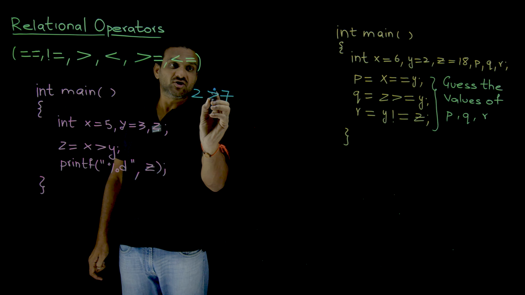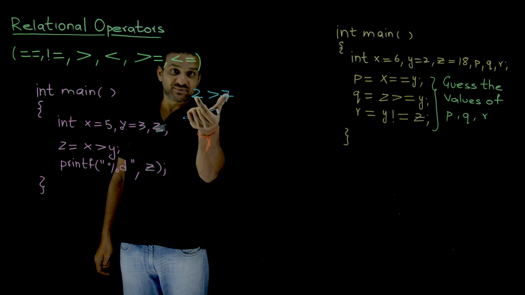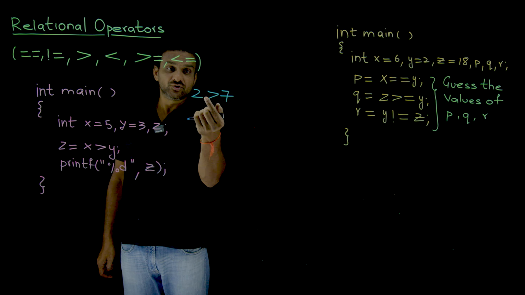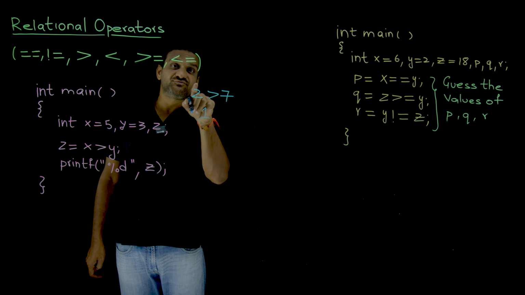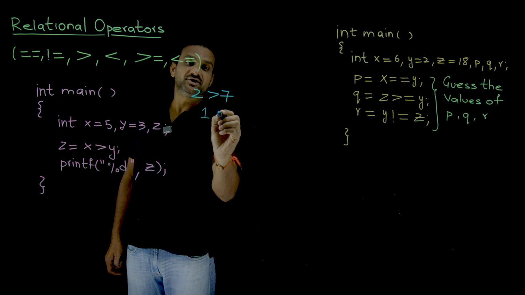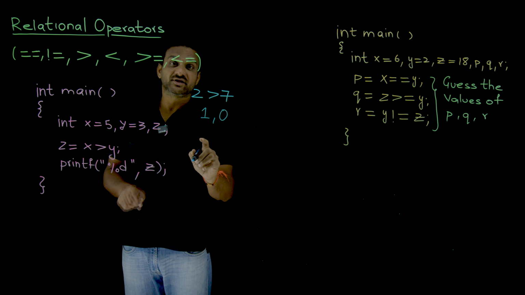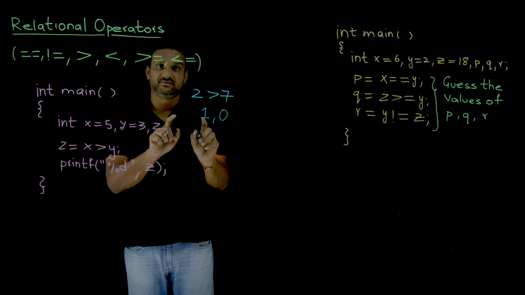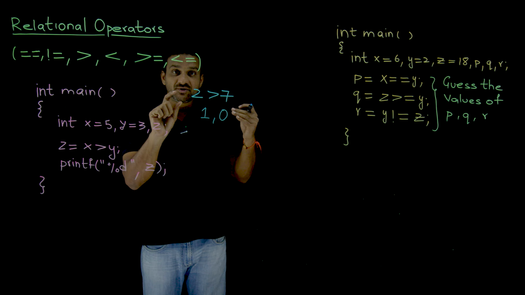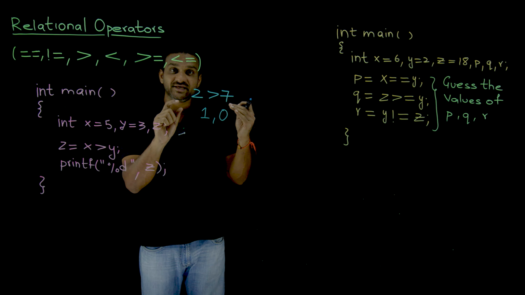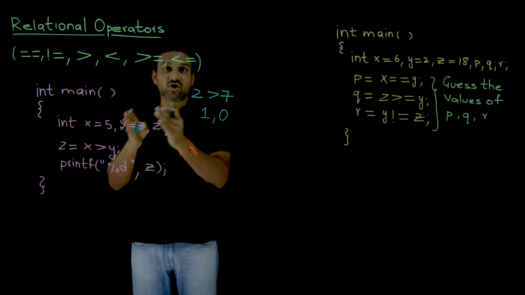If the relation between these two operands is true, C is going to produce an output of 1. If it is false, the outcome is going to be 0. Try to understand this point. The outcome of the relational operators in C is always going to be either 1 or 0.